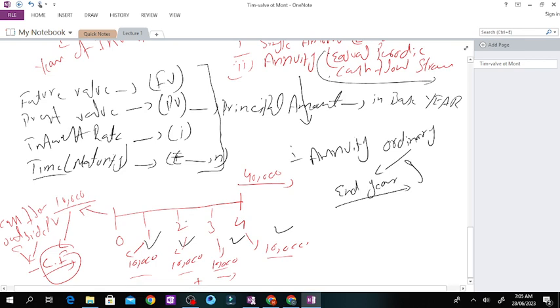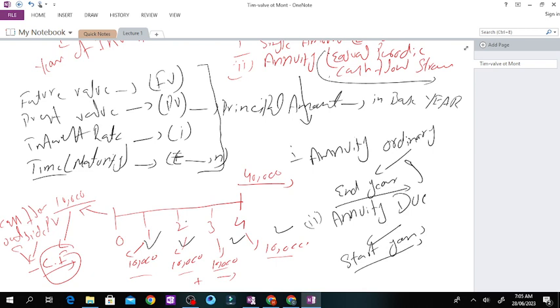The next is the annuity due. Whenever we talk about the start of the year, that becomes annuity due.